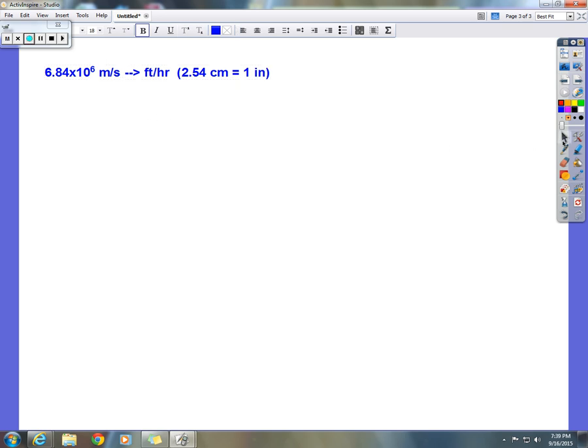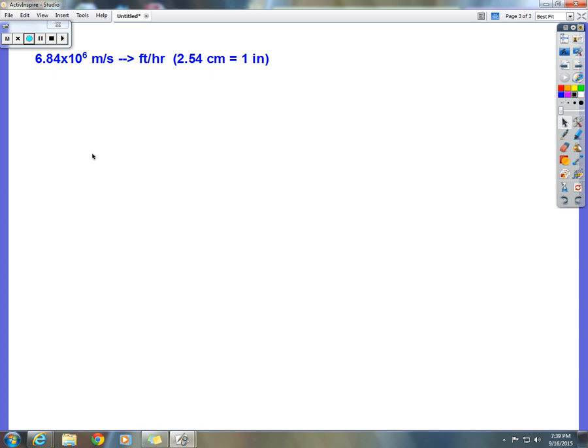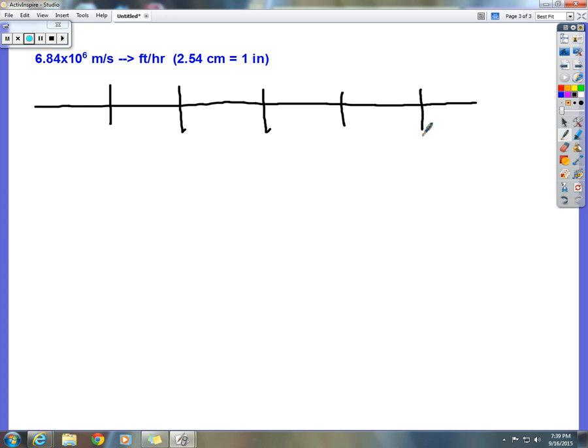This is the weirdest one yet, because we've got that whole idea of meters per second. You've got what I like to call a double unit, a unit over units.